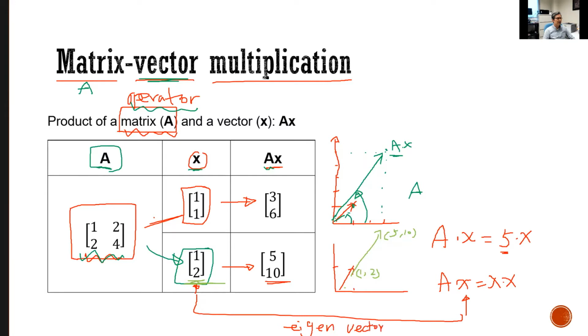This eigenvector is a special vector regarding the operator matrix A. And this lambda, which in our case equals 5, is the eigenvalue. Eigenvalue.